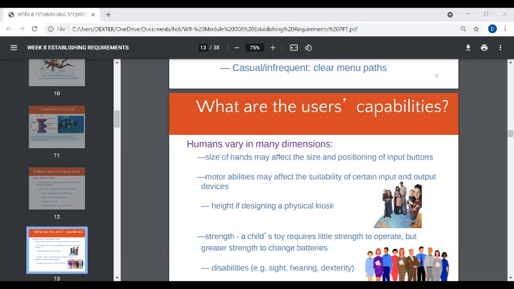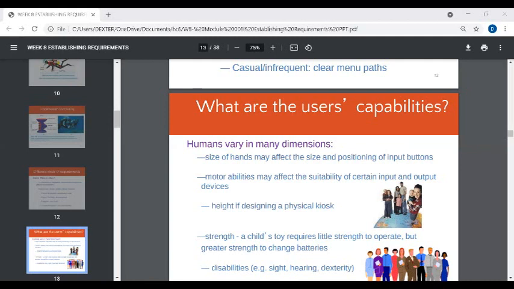Height is relevant in designing a physical kiosk. For example, strength in designing a child's toy. A toy should not require too much strength to operate, but may require strength greater than expected for the target age group to change batteries or perform other operations suitable only for an adult.